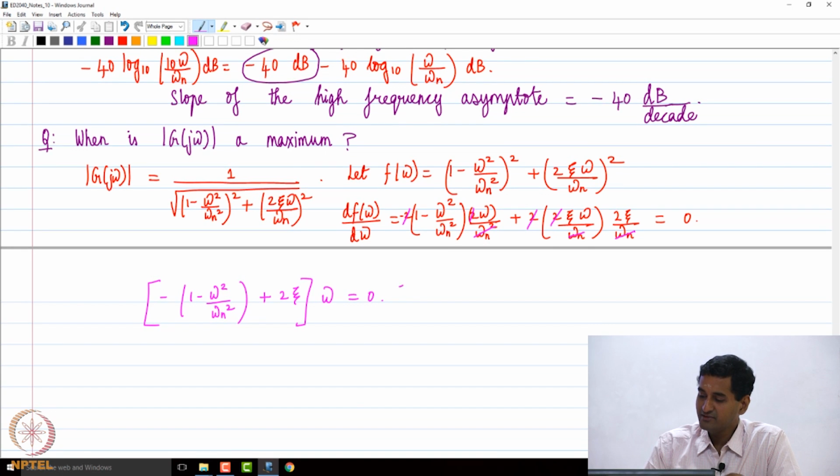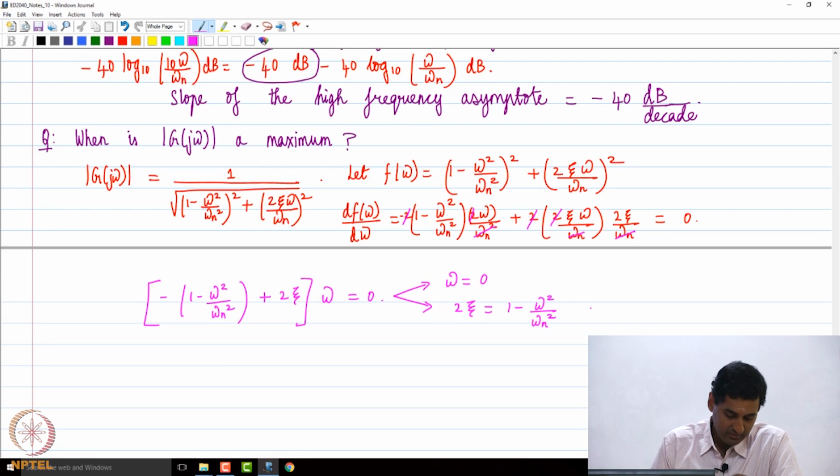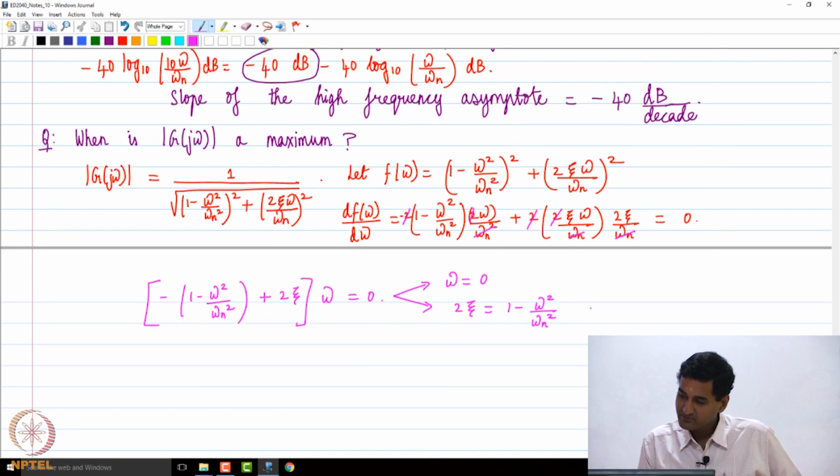Obviously ω equal to 0 is one particular solution, or the term within the square bracket is 0, which will imply that 2ζ is equal to 1 minus ω squared by ωn squared.